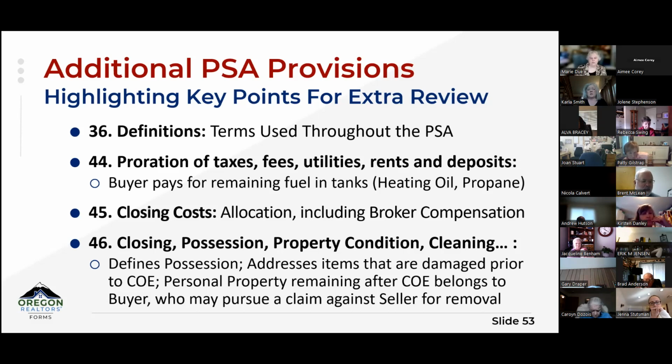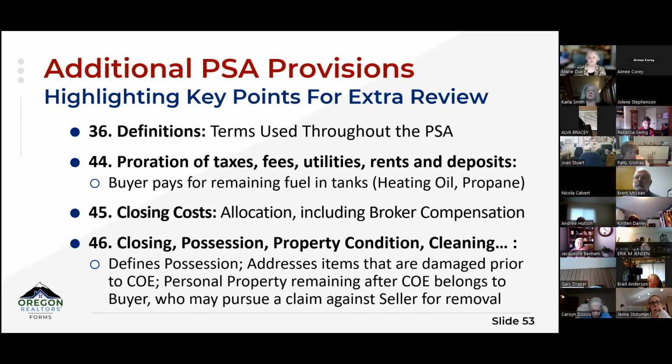Closing, possession, property condition, cleaning, defines what that means. And gives the buyer the ability to take the seller to the small claims court if they have to have a professional company come in and take things out. That is one of the problems that we had, and I had a whole lot of discussion as we're doing this, is one man's clean as another man's filthy.